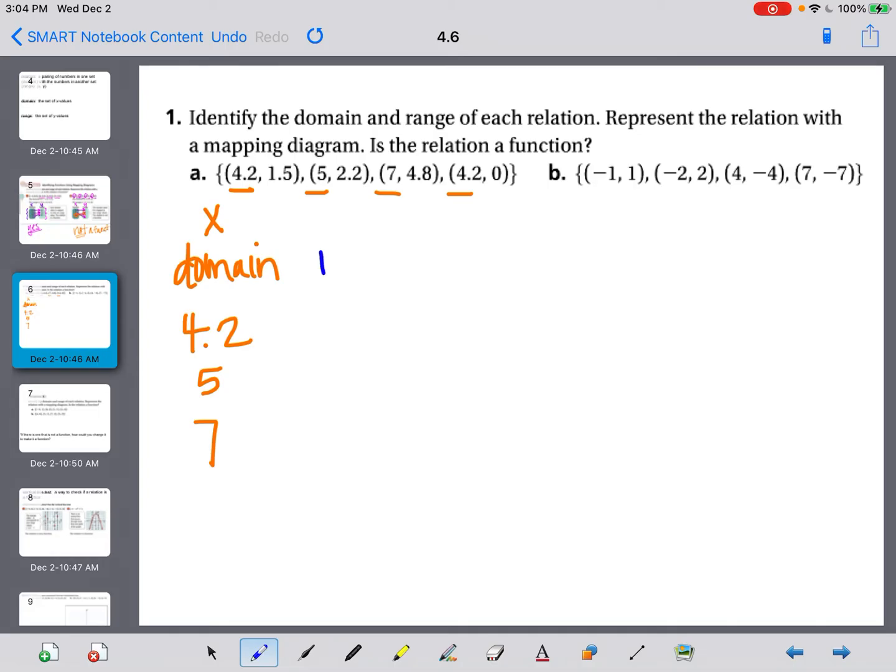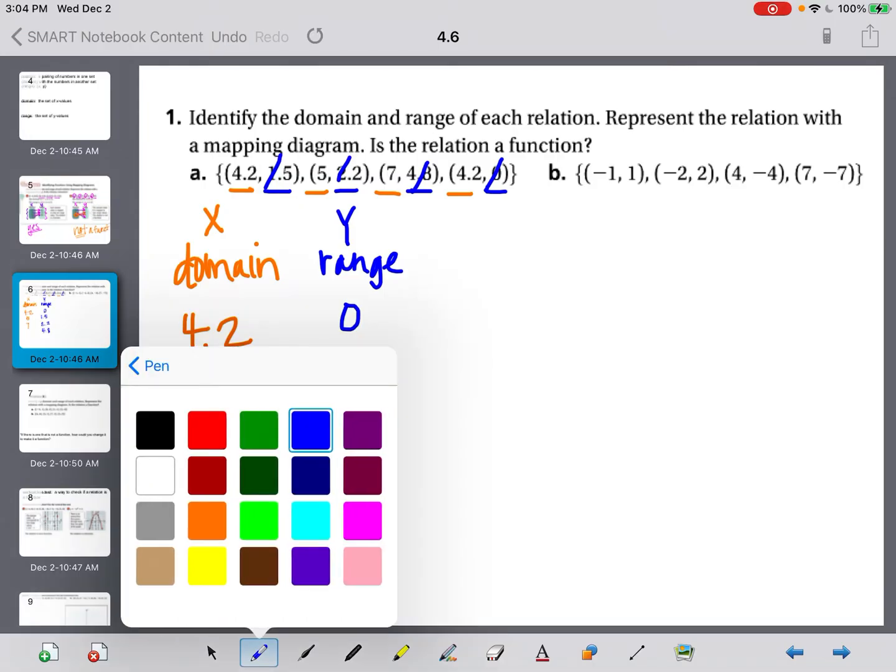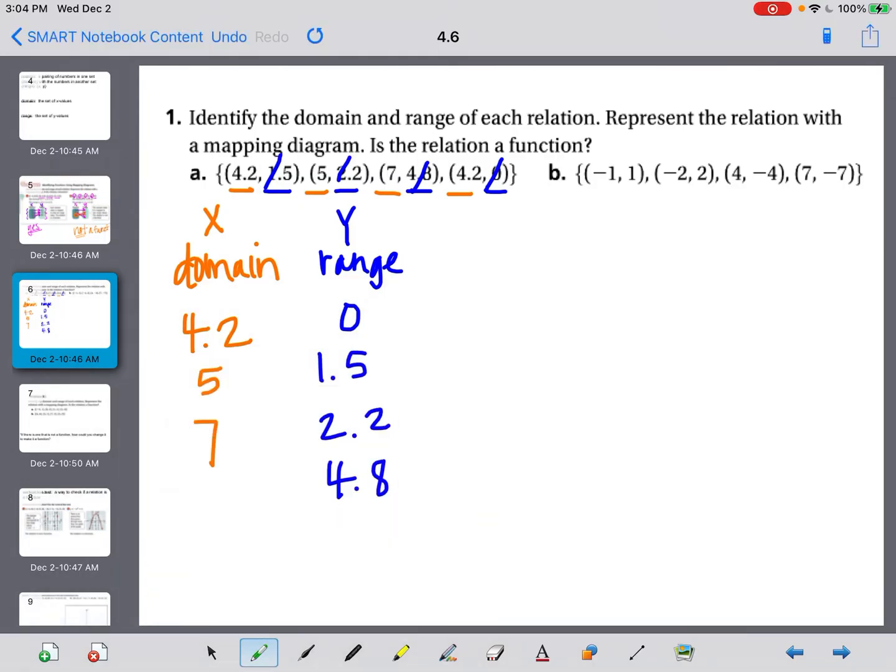Then I'm going to list all of my range values, which is my y's. I have a 1.5, a 2.2, a 4.8, and a 0. I'm going to go in numerical order: 0, 1.5, 2.2, and 4.8.